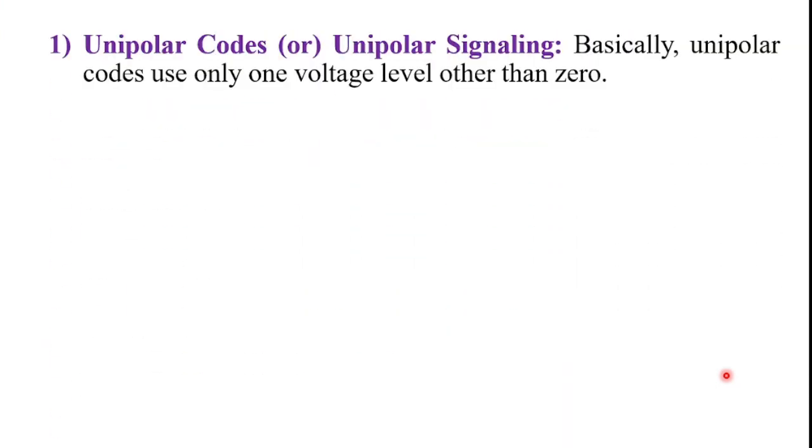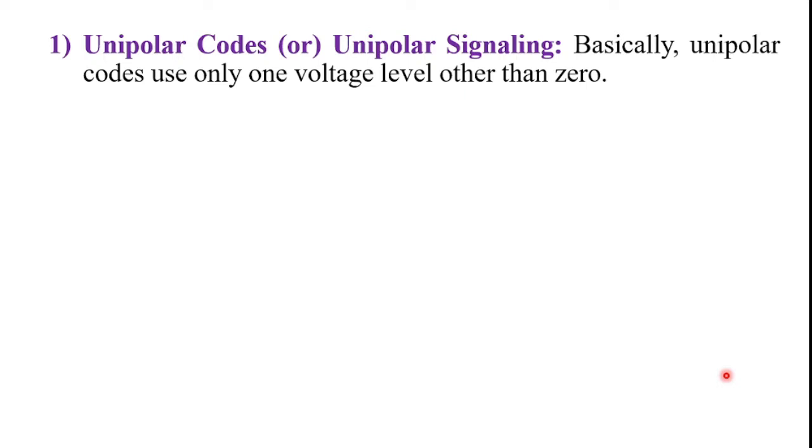First I will explain unipolar code, or unipolar signaling. Basically, unipolar codes use only one voltage level other than 0.